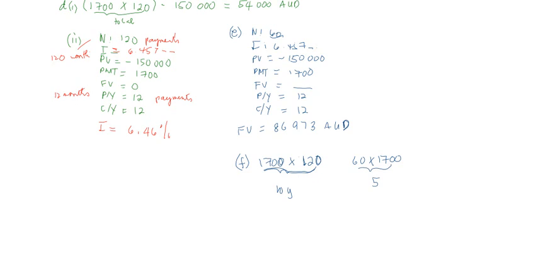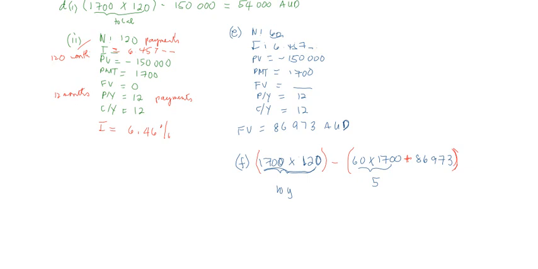There's a remainder of 86,973. So 60 times 1,700 plus 86,973 is 188,973. This is the actual payment made by Daisy. So paying for 5 years, 1,700 a month, plus whatever remains. Then you subtract it from what would have been paid if she paid for 10 years.